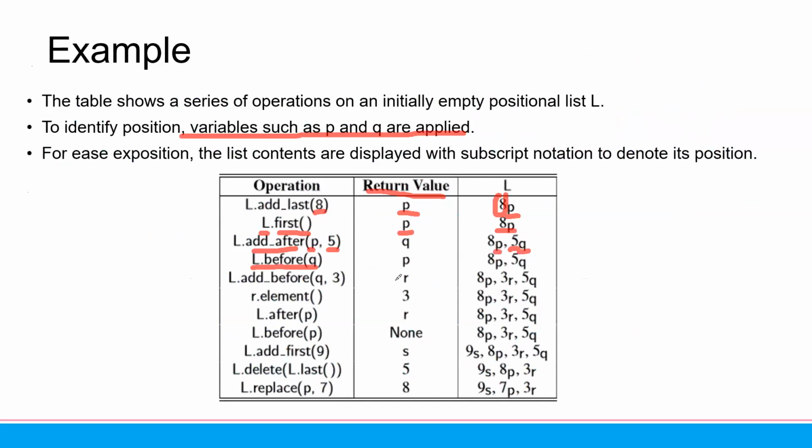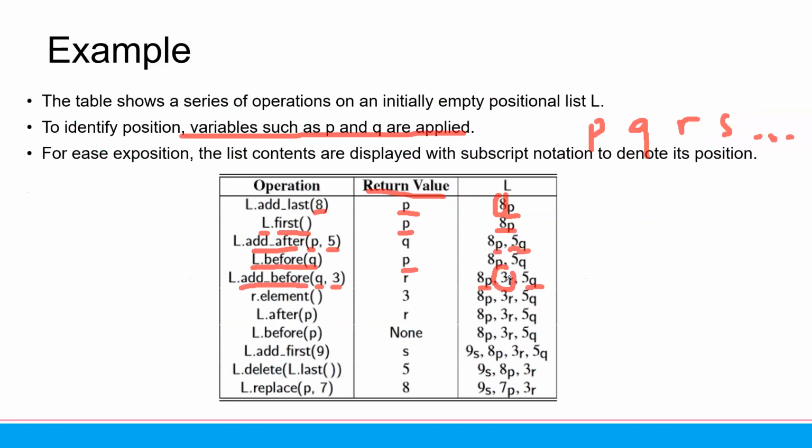It is P. I want to add before Q, comma 3. So I know this is Q, I know this is P. So before Q, I will add 3. And as I mentioned to you, we have P and then Q and then R and then S and so on to indicate the position.